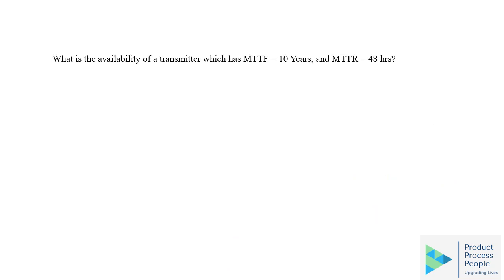Now, take another example where there is a transmitter which has an MTTF of 10 years and MTTR of 48 hours. So what will be the availability? MTTF is equal to 10 years. In terms of hours, MTTF will be 10 into 8640, because 1 year is equal to 8640 hours, right?